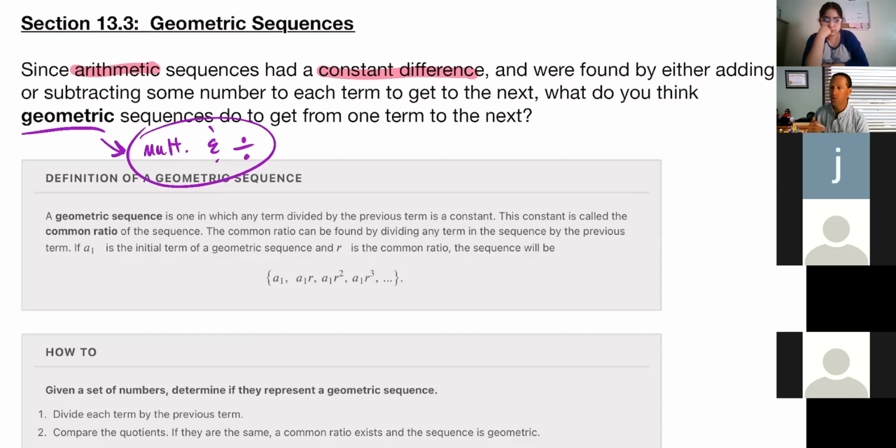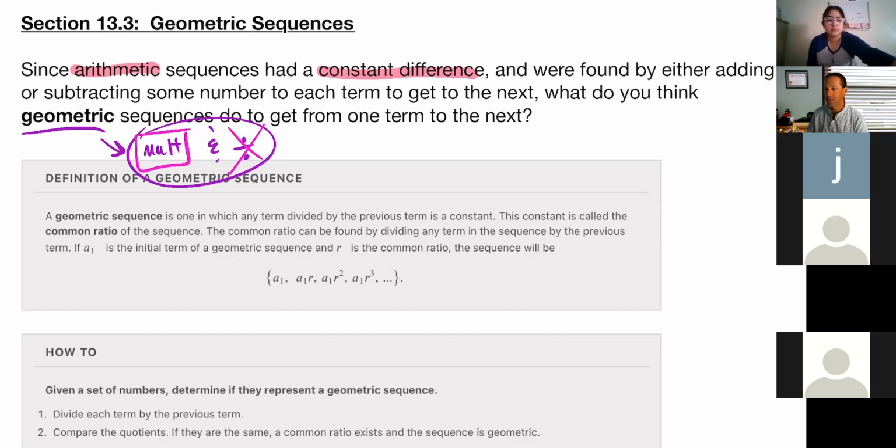Okay? And what do you prefer? Do you like adding or subtracting better? Most people would say adding, right? So what do you prefer, multiplying or dividing better? Multiplying. Yeah, so we're going to actually say, you know what? Forget division. We're just going to concentrate on multiplying.